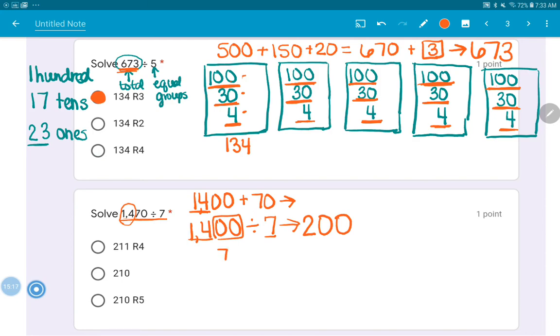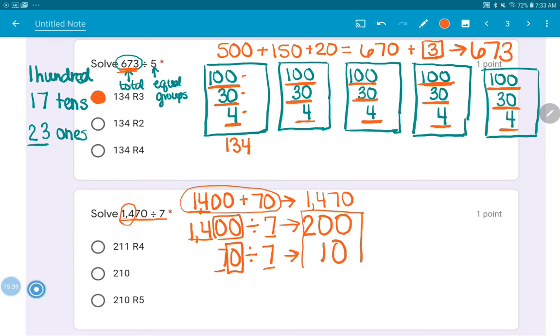Now I need to do 70 divided by 7. 7 divided by 7 is 1. And I have 1 zero at the end. That divides evenly. So now, because I had to put these two numbers together to get 1,470, I'm going to use my partial quotients, or the parts. I'm going to add those together. 200 plus 10 is equal to 210. So our quotient is 210.